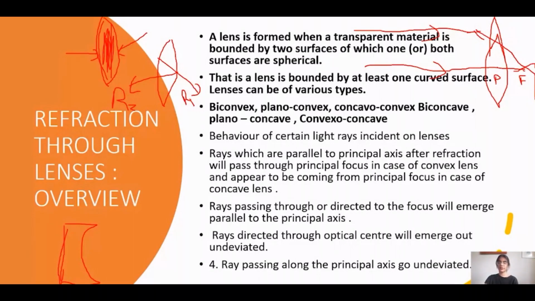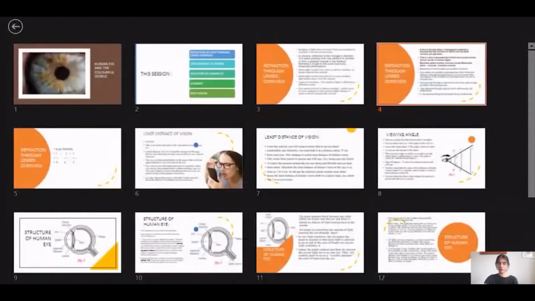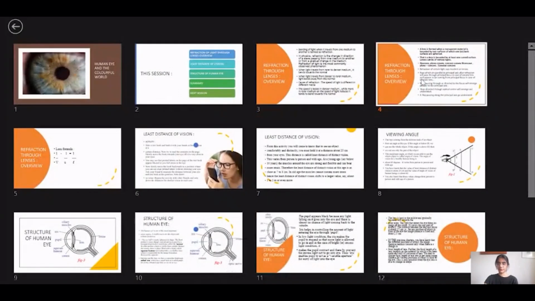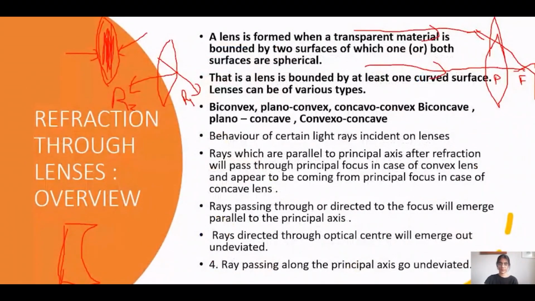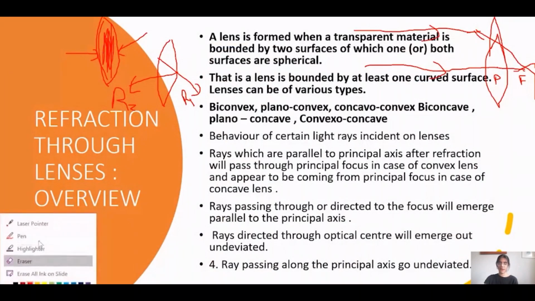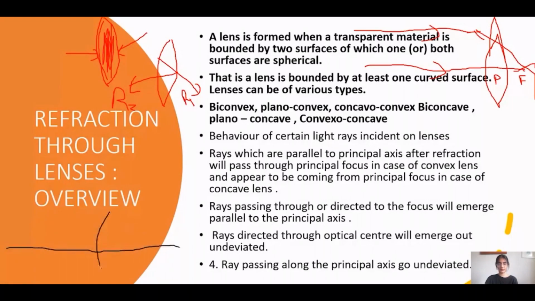Rays passing through or directed to the focus will emerge parallel to the principal axis. Let me redraw. Rays which are passing through or directed to the focus will emerge parallel to the principal axis. Here is a ray. Here is your principal axis. Here is a certain lens.